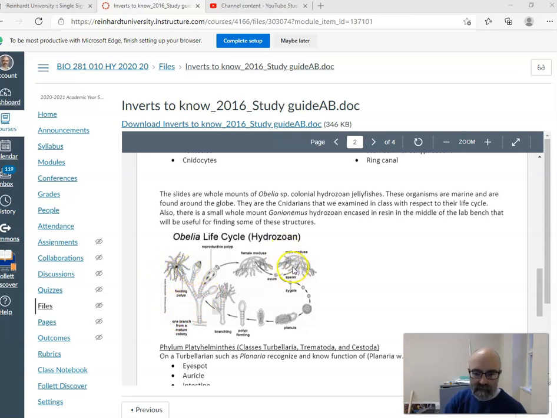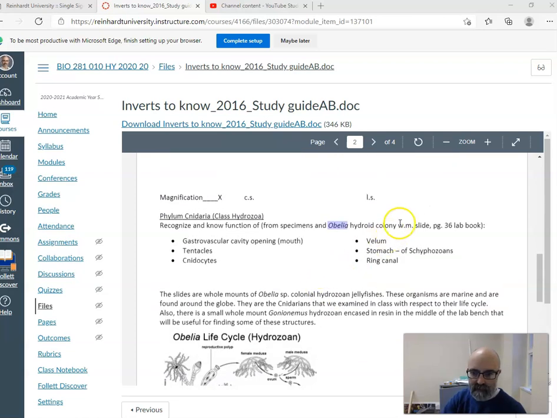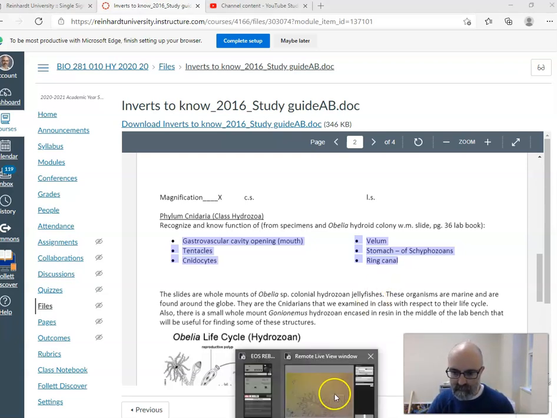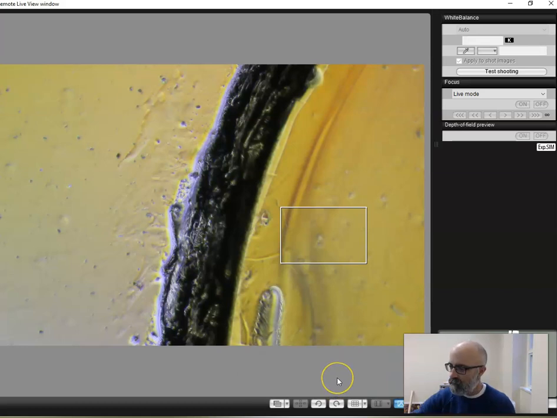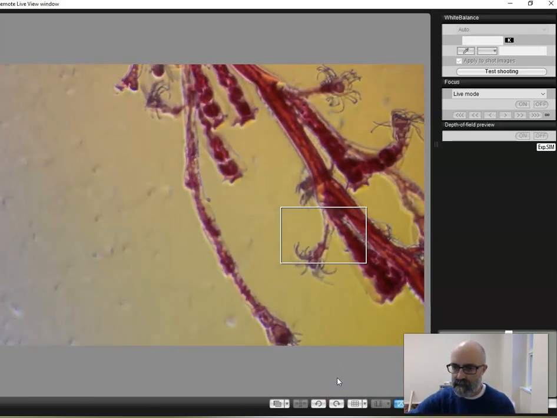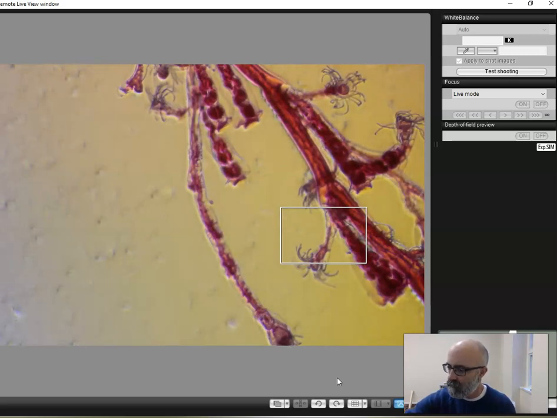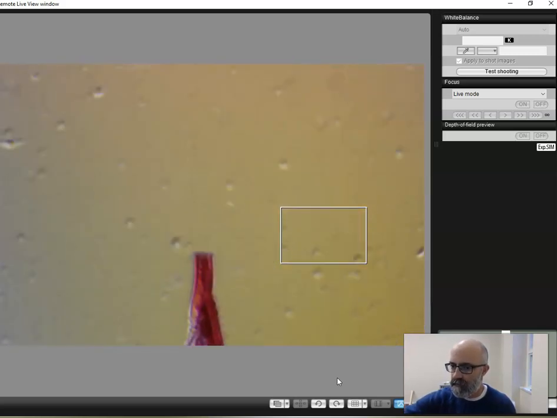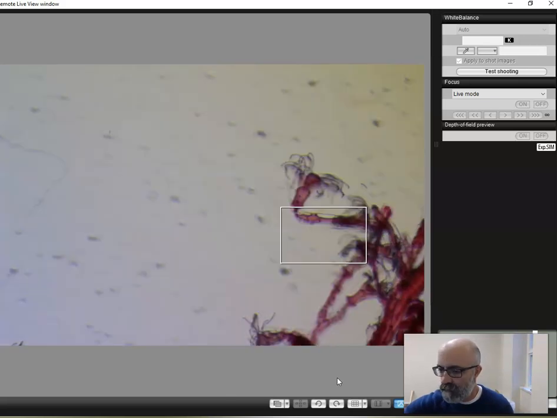So that's the Obelia. The structures that you'll need to know are found here. So let's go to the slide and take a peek. So I'm going to skip over to our live view, center this, and let's see. It's going to drive me crazy if that thing is upside down, so let's put it this way.